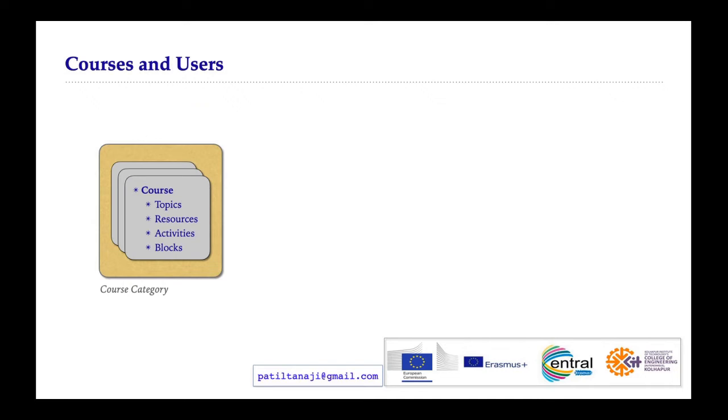So administration of that enrollment becomes very simple, and it is even possible to enable or disable courses in a bunch if they are organized in a course category. So we may have multiple course categories.